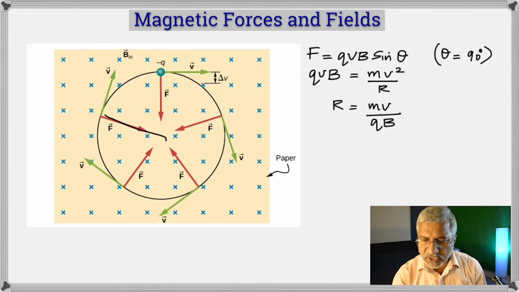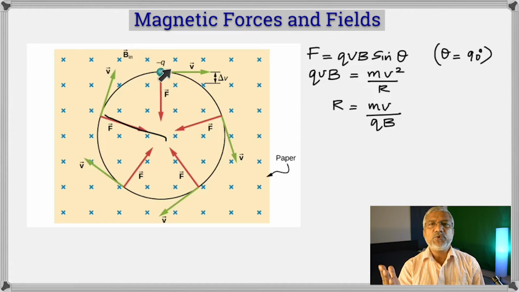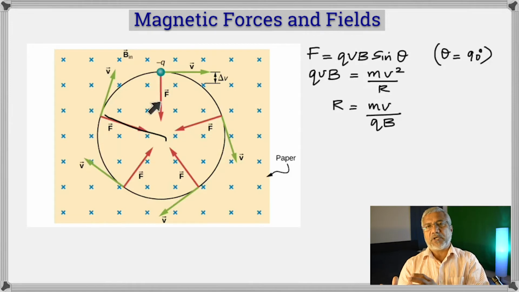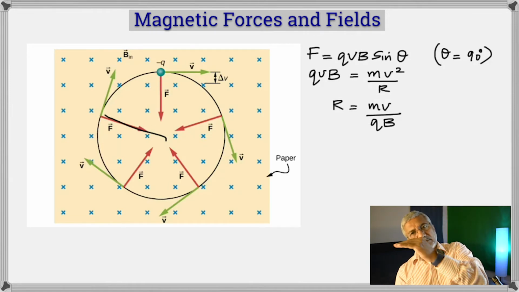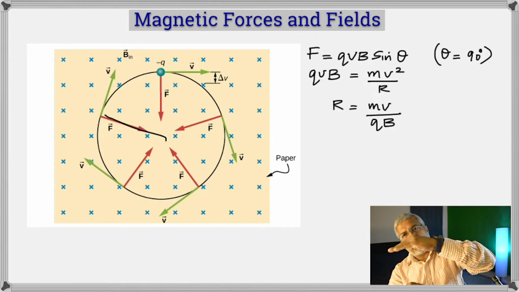And let's imagine that there is a charged particle, a negatively charged particle that enters this magnetic field. So as soon as the charged particle enters the magnetic field, by using the right-hand rule, we can show that the force acting on the particle is downwards. So when the force begins to act, the particle is going to swing down, right? It wanted to go straight, but there is a force acting down, so it'll bend.